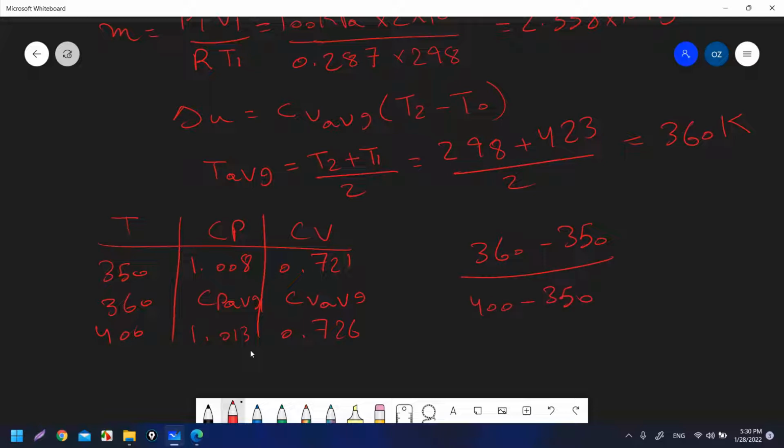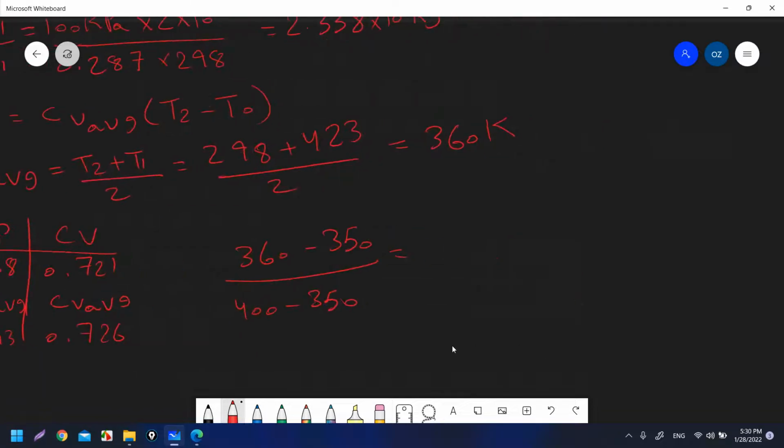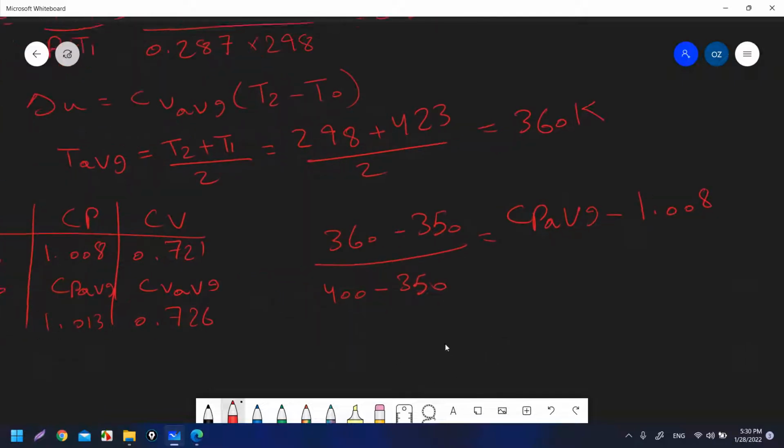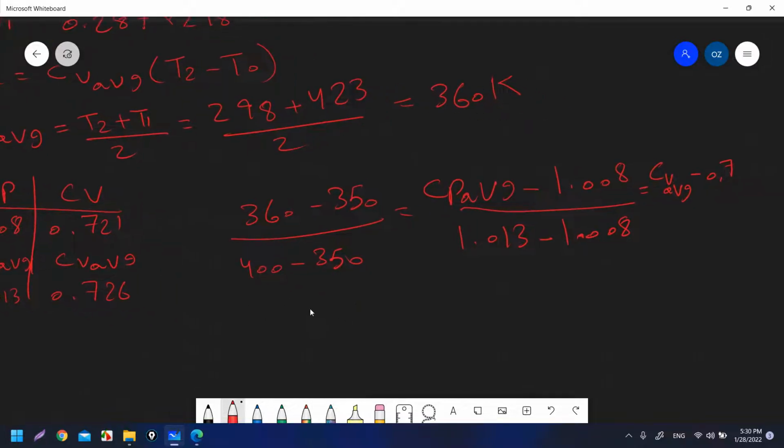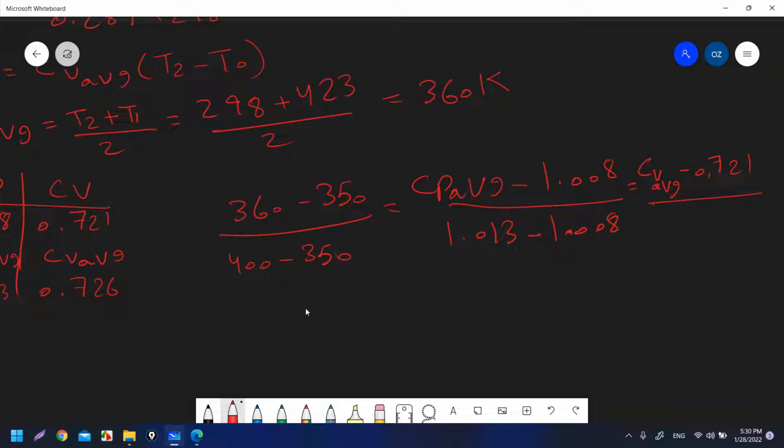That is the average temperature equal to Cp average minus the lowest value 1.008 over 1.013 minus the lowest value 1.008, and this also equals Cv average minus 0.721 over 0.726 minus 0.721.